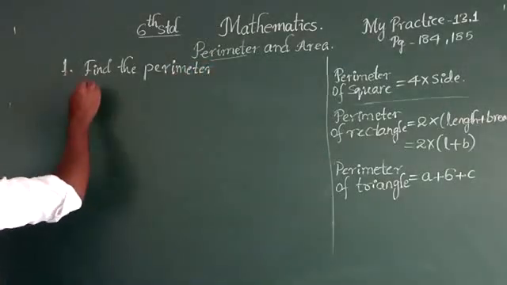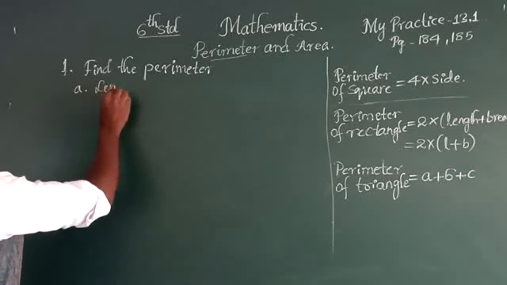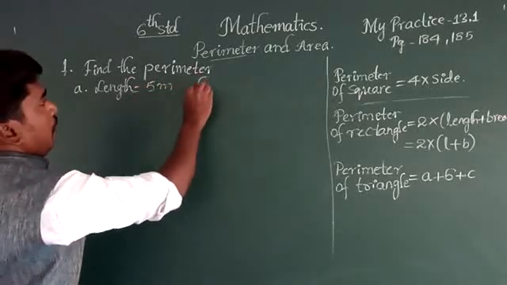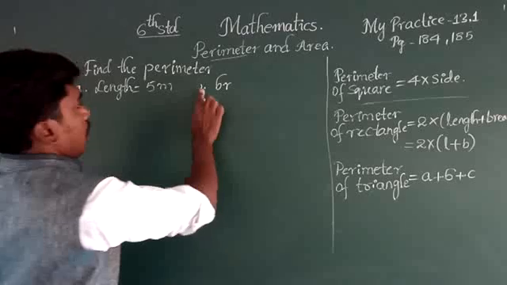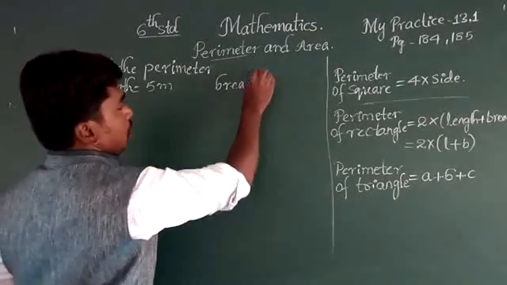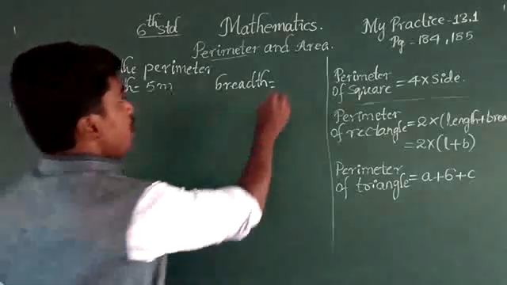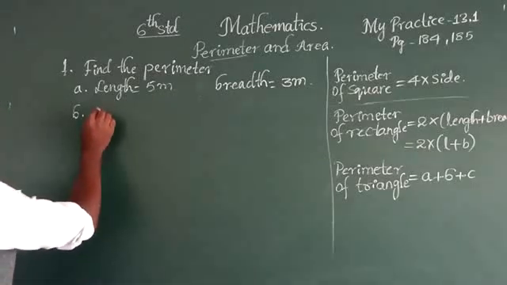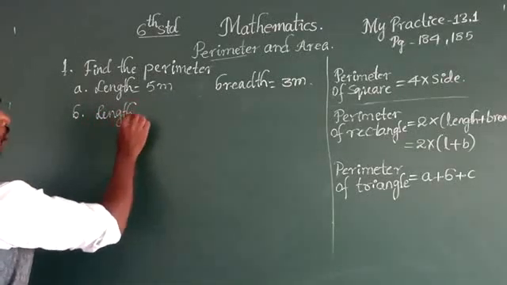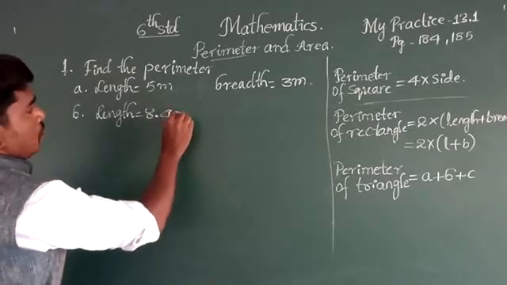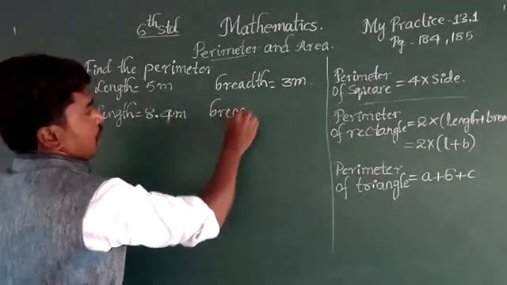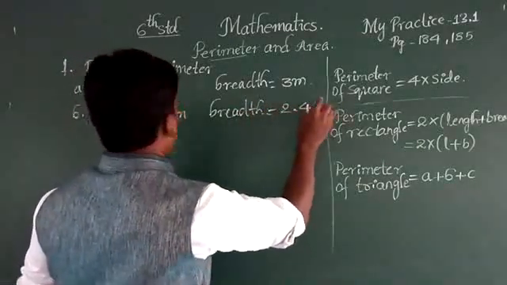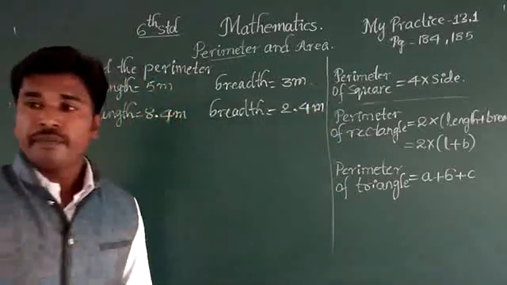So they have given first one, length is 5 meter and breadth is 3 meter. Second one, length is 8.4 meter, breadth is 2.4 meter.